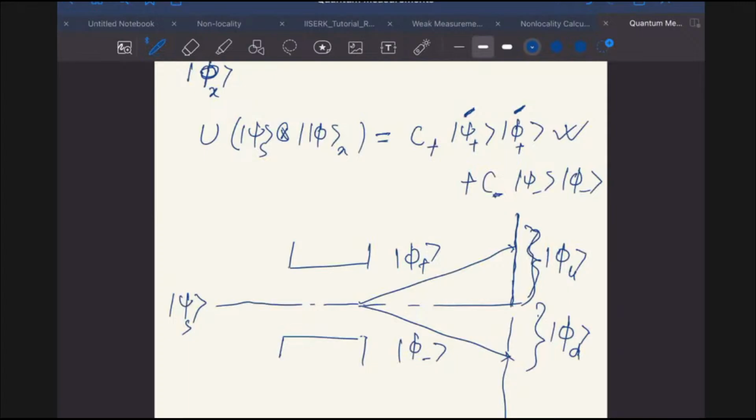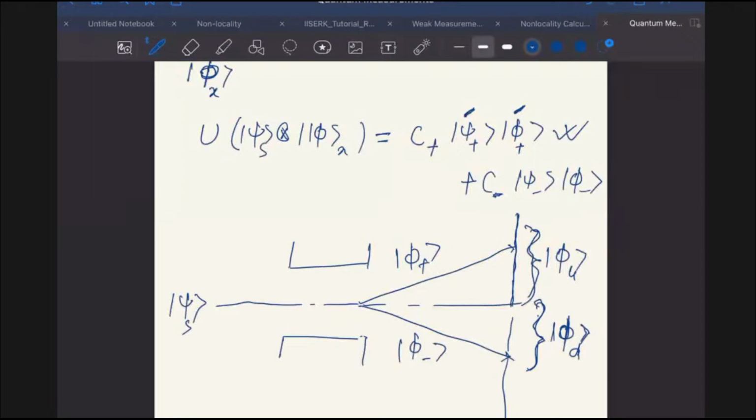This association of psi plus and phi plus is happening inside after the interaction, but the detection is an incident occurring on the screen. So I should not assume that always the position wave function for plus will go up and minus will go down. So I have to assign different states for them in general.